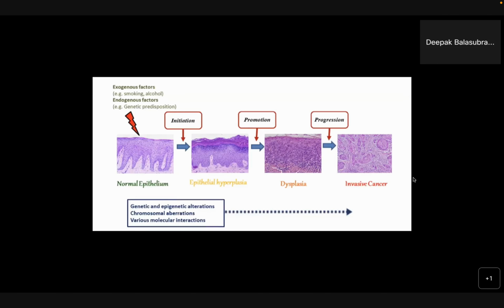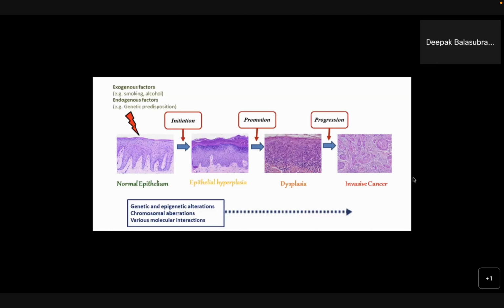Now, in the simplest form of tumorigenesis or etiopathogenesis, we have normal epithelium, which is influenced by exogenous factors such as smoking, alcohol, tobacco ingestion, smoked foods in case of nasopharynx, aromatic dyes, polycarbons. So you have exogenous factors, and then you have endogenous factors, which is the predisposition.